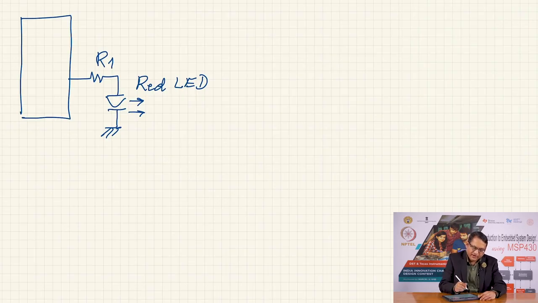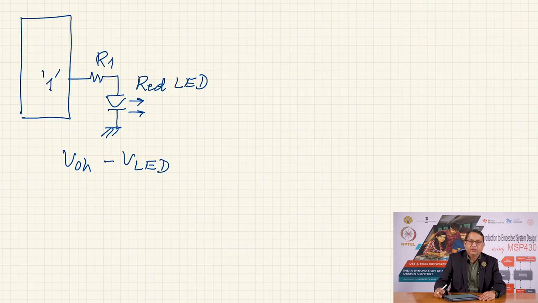So when I turn the pin to logic 1, the voltage of this will be VOH. The voltage across the LED will be VLED.